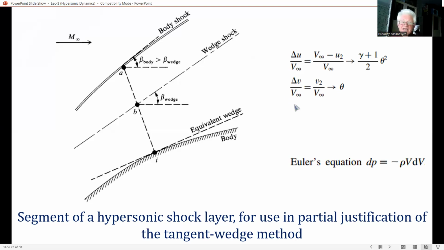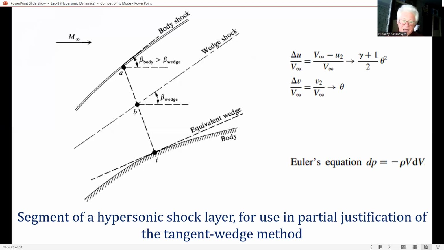Clearly, the change of the v velocity is considerably smaller, being of order theta squared, than the change of the u velocity, which is of order theta. But keep in mind that theta is a small angle in radians.